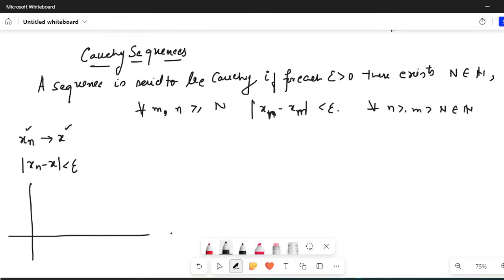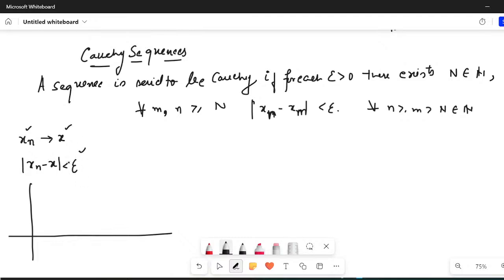Why? Because if I'm saying the sequence is convergent, it implies that all the elements of the sequence are getting as close as possible to x. And what do I mean by as close as possible to x? In mathematics, you have to write it in the formal sense, right? So you will say that the distance between xn and x can be made as small as possible.